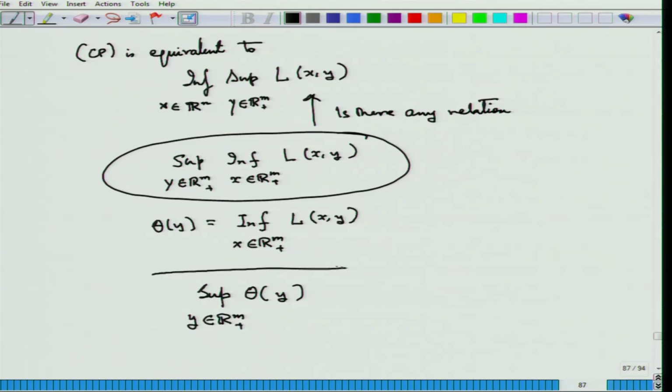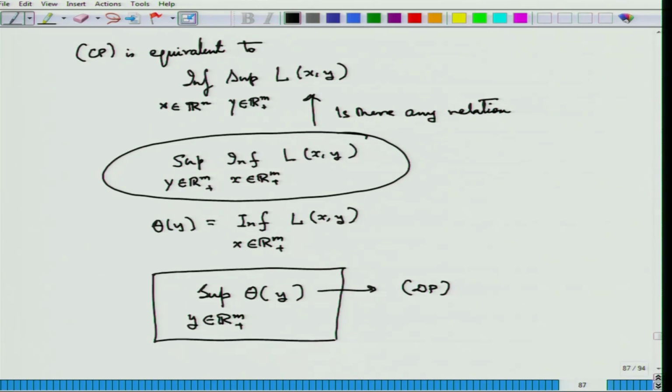So, given the primal optimization problem, by following what we have just learned from two-person zero sum games, I can mark this problem as DP, or the dual problem. What is the relationship between these two problems?